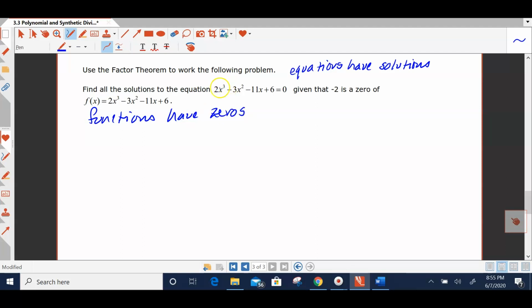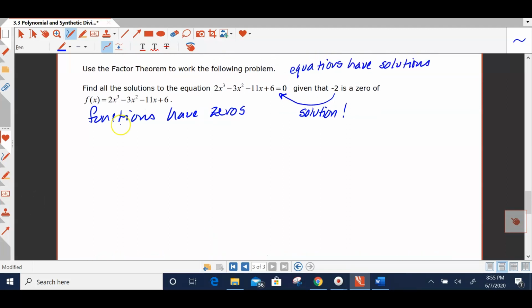So I want to find the 3 solutions to this equation, knowing that -2 is a 0 of that polynomial function. Well, if -2 is a 0 of that polynomial function, that means -2 is a solution to that equation. So they've given me a place to start. They're saying -2 is a solution.